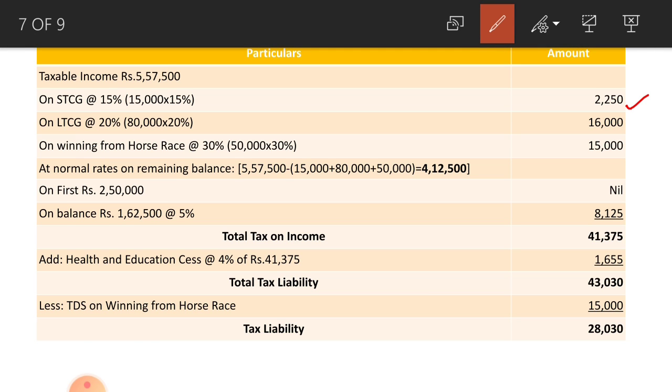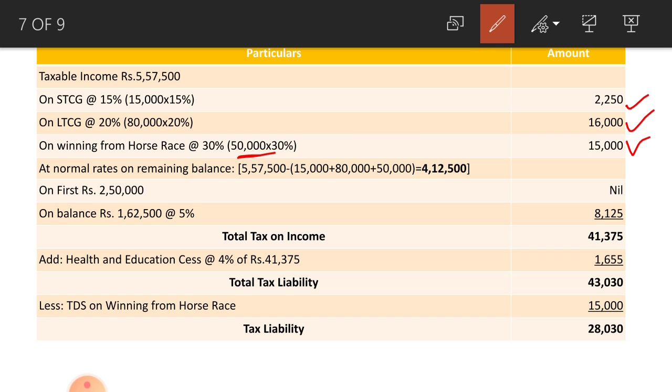On long term capital gain 20% on 80,000 amounts to 16,000, and winning from horse race here, 50,000 is the gross amount, on that 30% means 15,000. These three things should be calculated separately, and on balance you can apply the general tax rate.